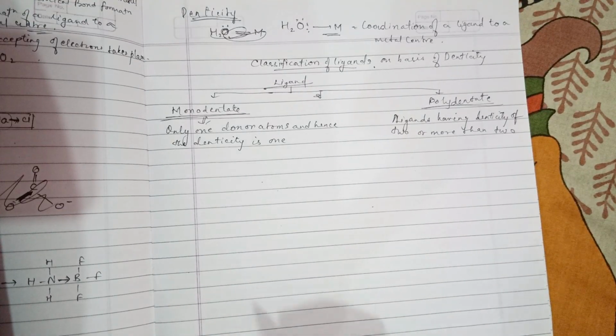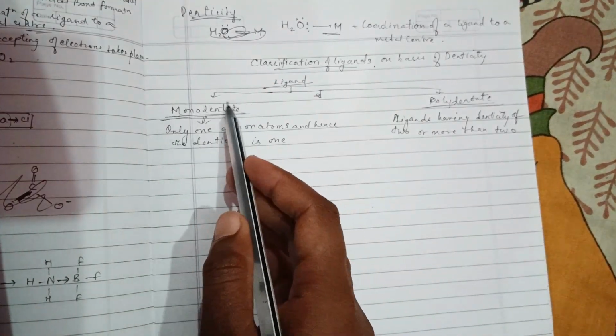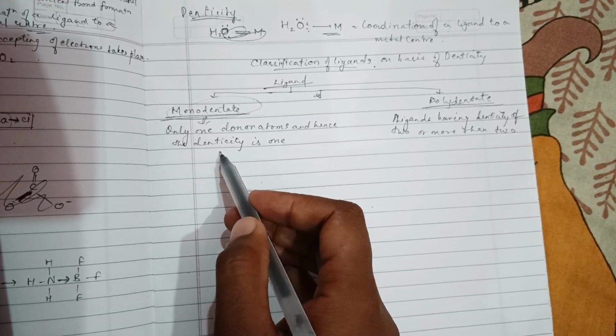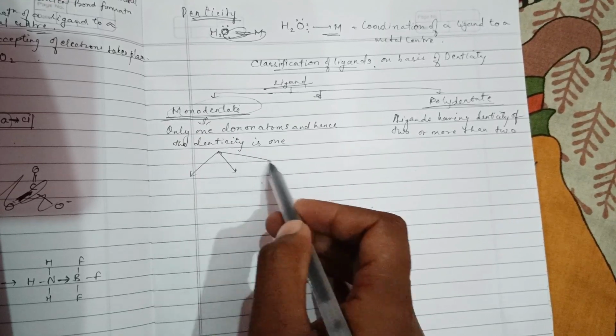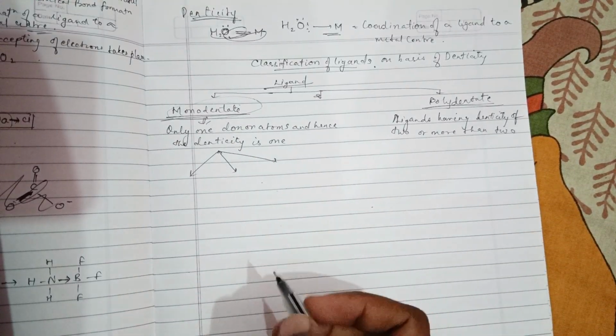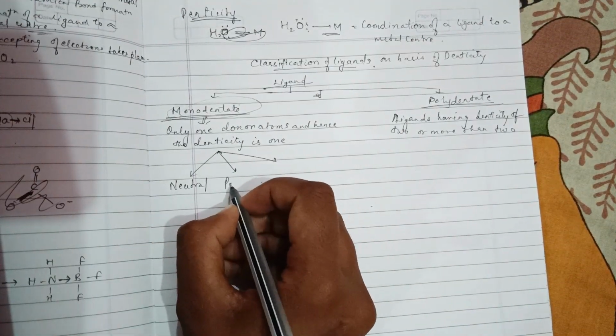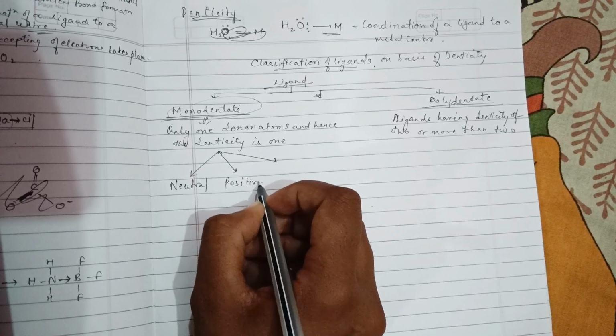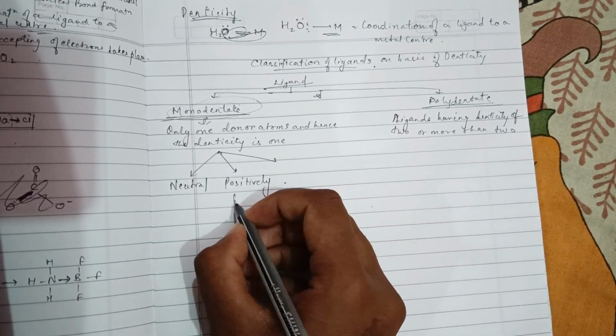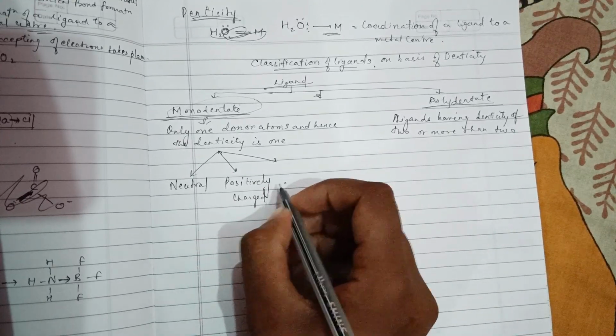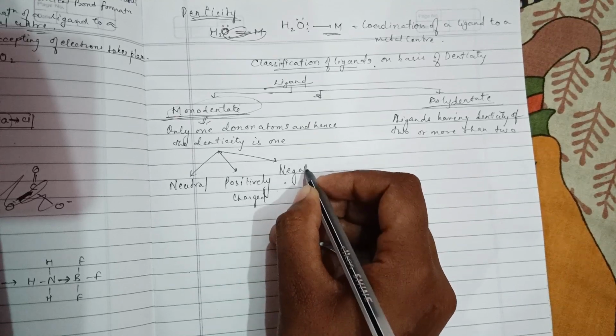Now monodentate ligands can also be classified into categories: neutral monodentate ligands, positively charged monodentate ligands, and negatively charged monodentate ligands.